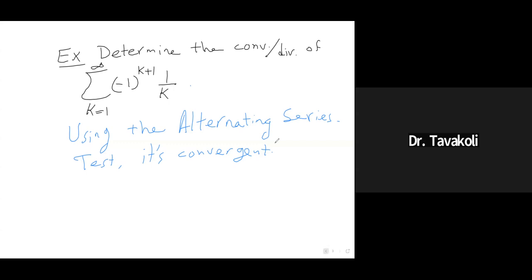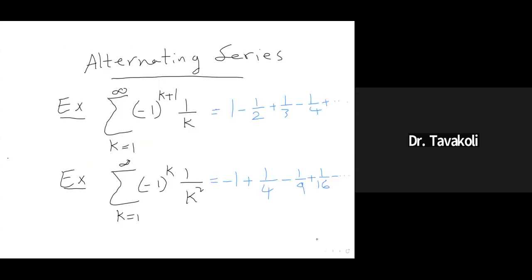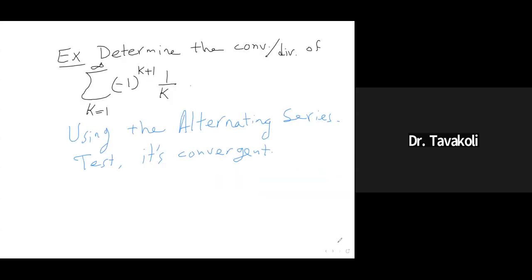As we saw in the first example, this series, in fact, is the series of 1 minus 1/2 plus 1/3 minus 1/4, so plus minus, and the general term, disregarding the sign of that, will go down to 0. So using the alternating series test, this is a convergent series.